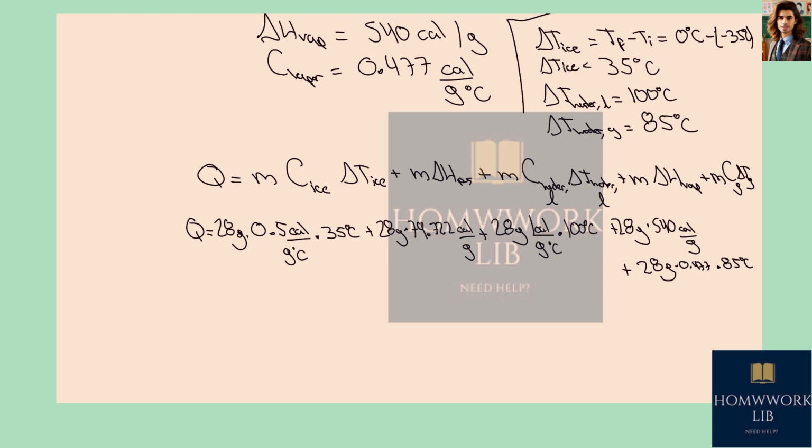Okay, so also to be consistent, calorie per gram degree Celsius. So over this, you can verify that every unit is going to cancel out. Gram with gram, degree Celsius with degree Celsius, and we are going to end up with calories at the end.